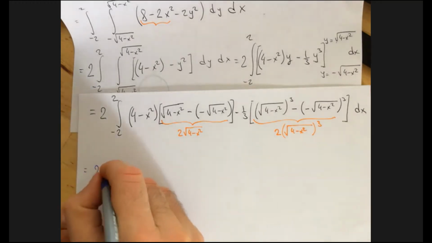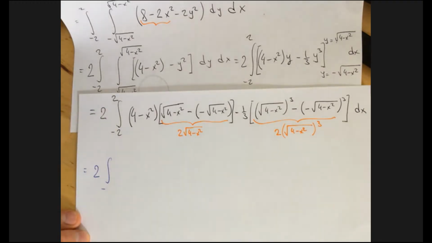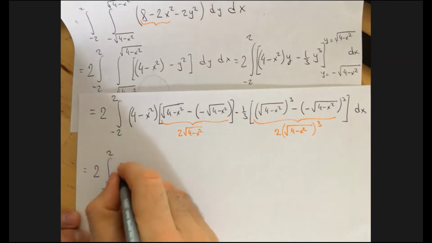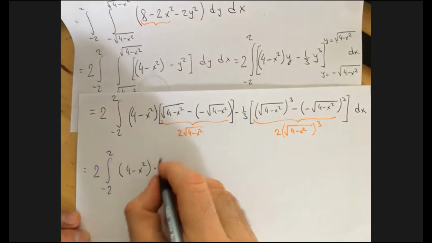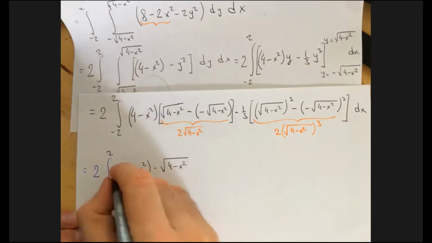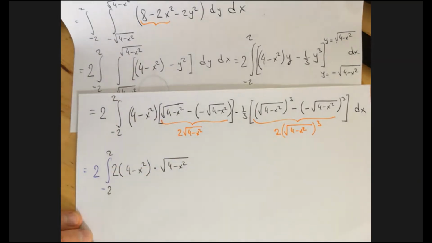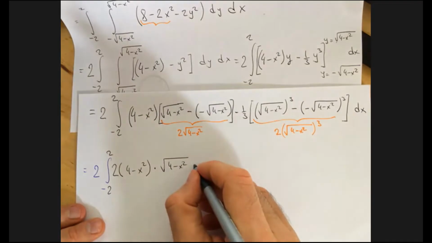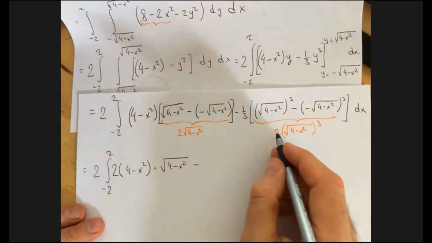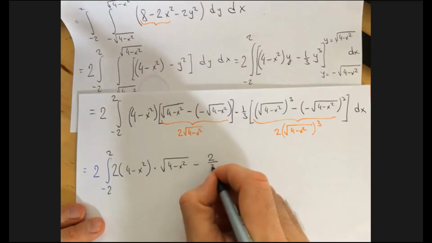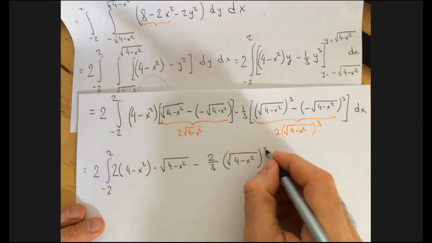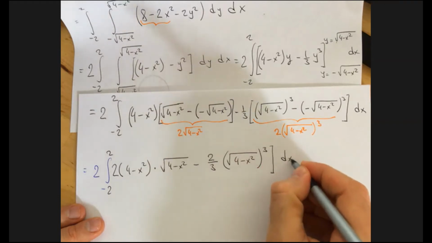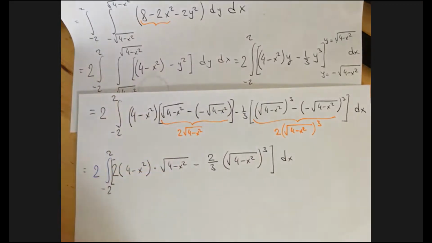This is equal to 2 times the integral from negative 2 to 2, 4 minus x squared times 2 square root of 4 minus x squared minus 2 over 3 square root of 4 minus x squared to the power of 3 dx. Okay, any questions?